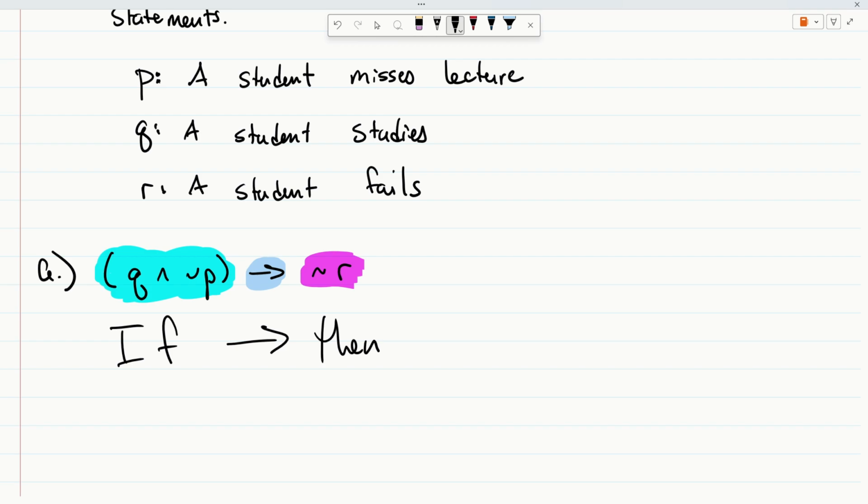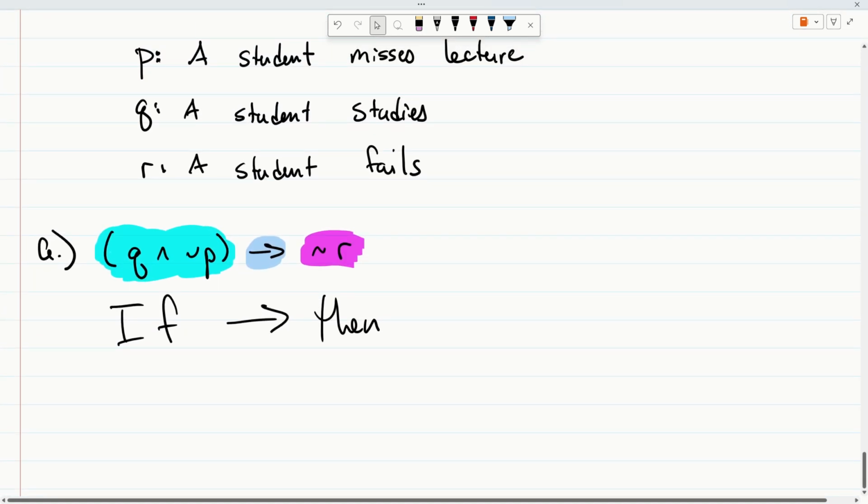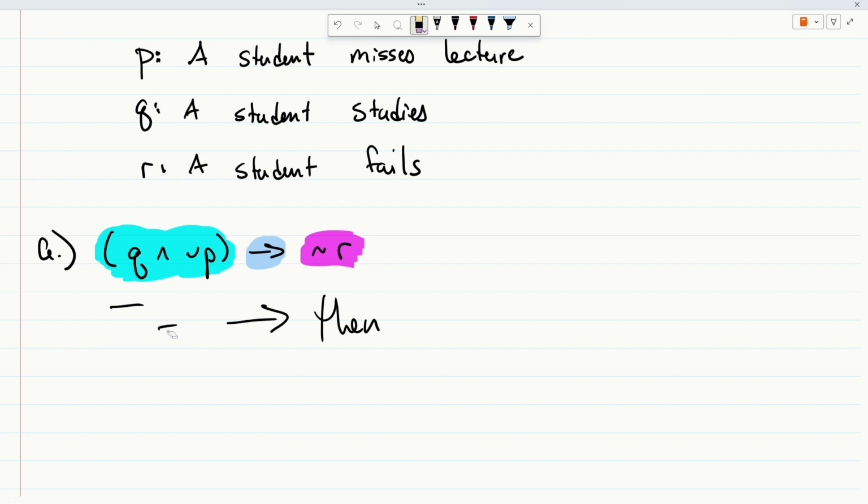Let's first worry about the parentheses, and about the antecedent. So we know in reality, this is going to be if, and then you have the Q statement. So if a student studies, I'm going to write it like this first.